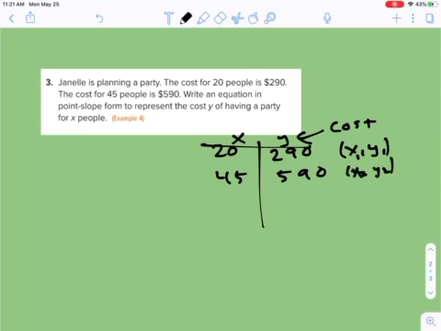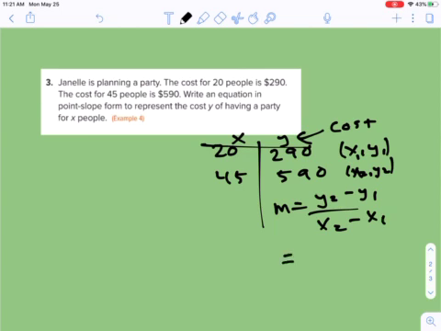So we know how to write equations when we have two points, and we're going to use our point slope form. The very first thing we're going to do is find the slope. We're going to treat these like two points, so we do m equals y2 minus y1 over x2 minus x1.